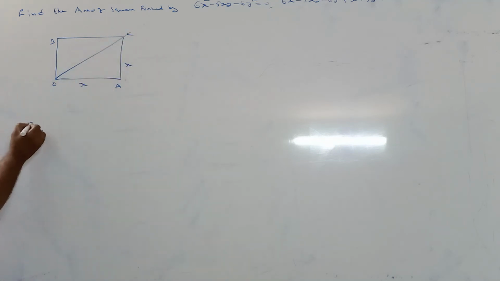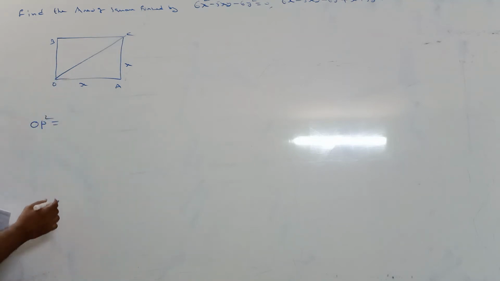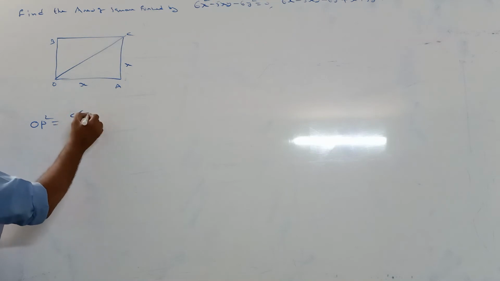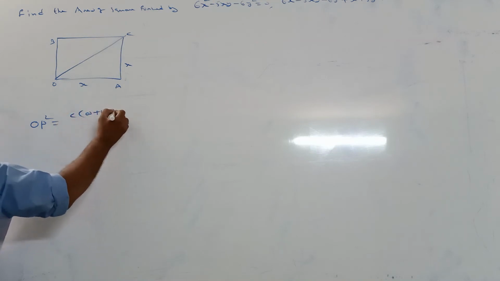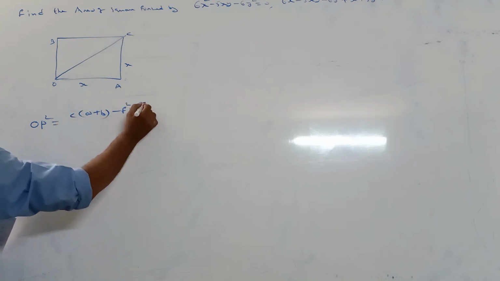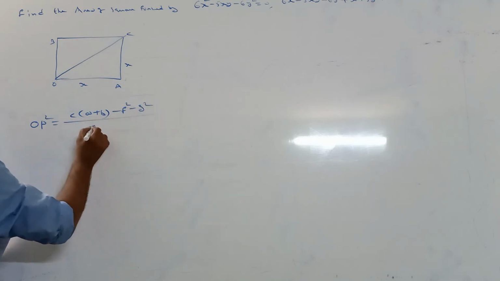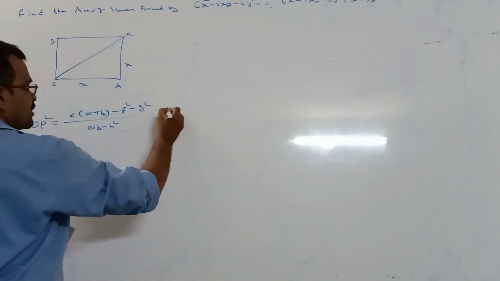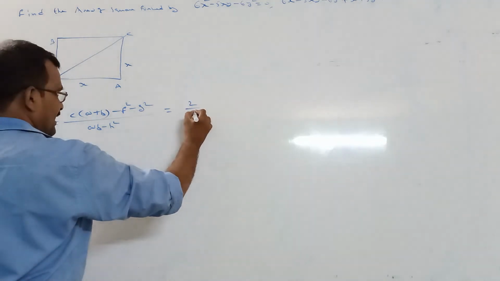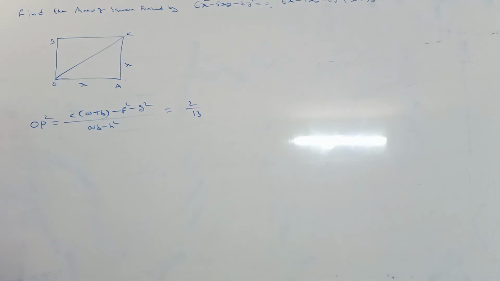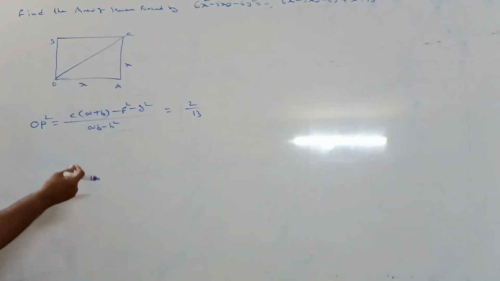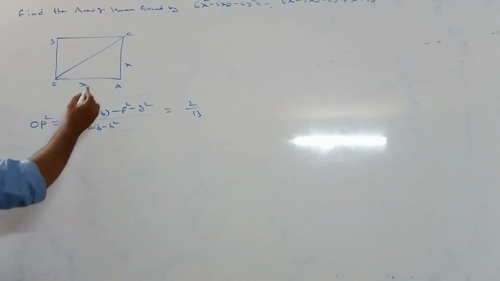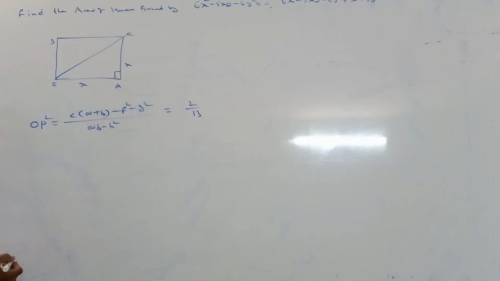Before the sum we found the formula for the square of the distance from origin to the point of intersection, (c(a + b) − f² − g²)/(ab − h²). Already we calculated it for the same pair of lines: 2 by 13.